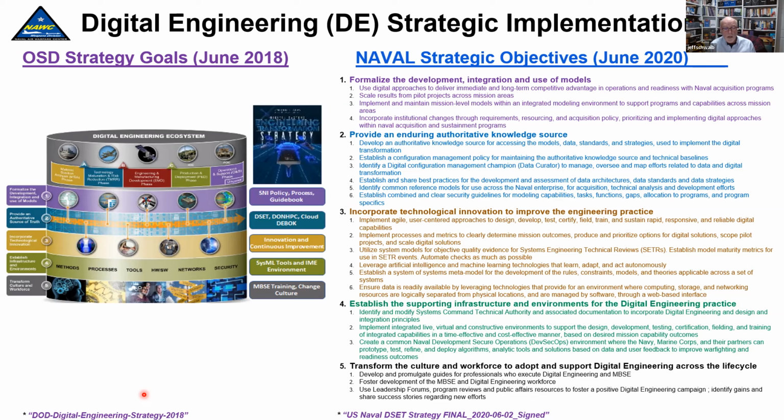We start with goal 5, objective 5: change the culture and get our workforce to understand, adopt, and use this as part of the process and the methods for making the products that they have to deliver. So that's where things like model-based systems engineering and a digital engineering workforce come into play.